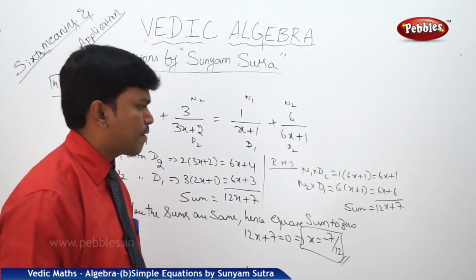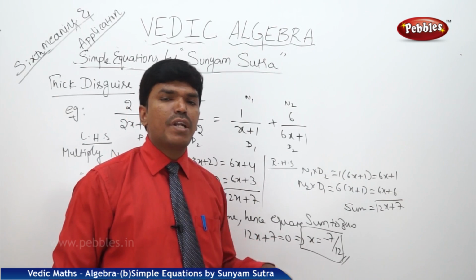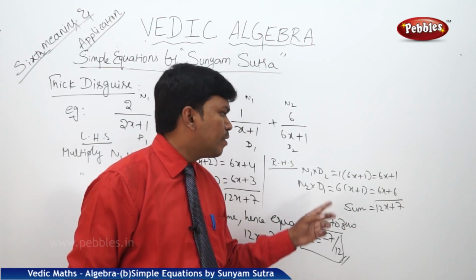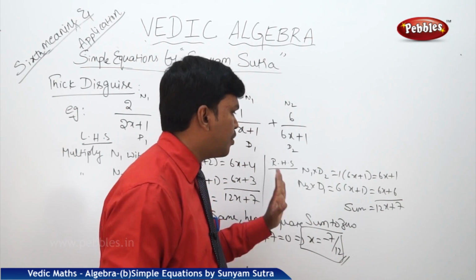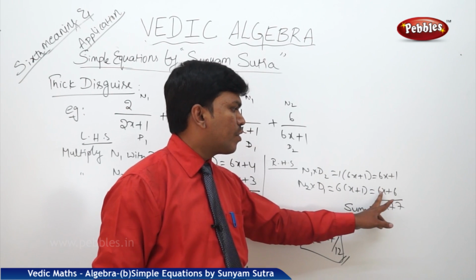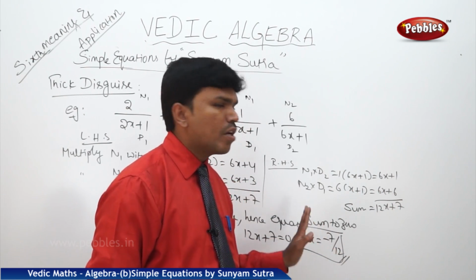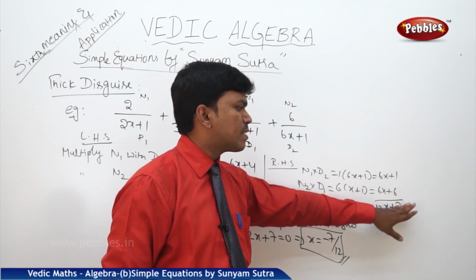Now come to the right hand side. Similarly, do the same thing. Numerator 1 into denominator 2: 1 into 6x plus 1 equals 6x plus 1. Similarly, numerator 2 with denominator 1: 6 into x plus 1 equals 6x plus 6. Now take the sum of both: 6x, 6x, 12x, 1 plus 6, 7.